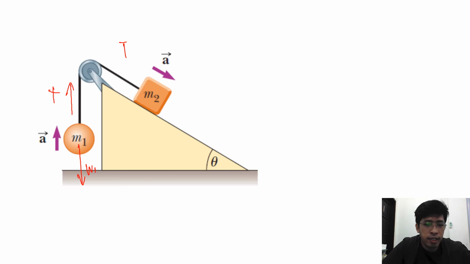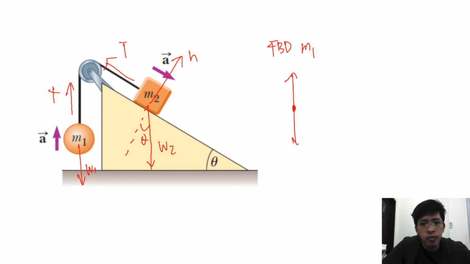This should be directed here, and then you have your normal force at 90 degrees, and always downward is your weight for mass 2. But you can extend this one to have your xy plane, and this one is equal to theta. So we have a rough schematic for your FBD for mass 1.